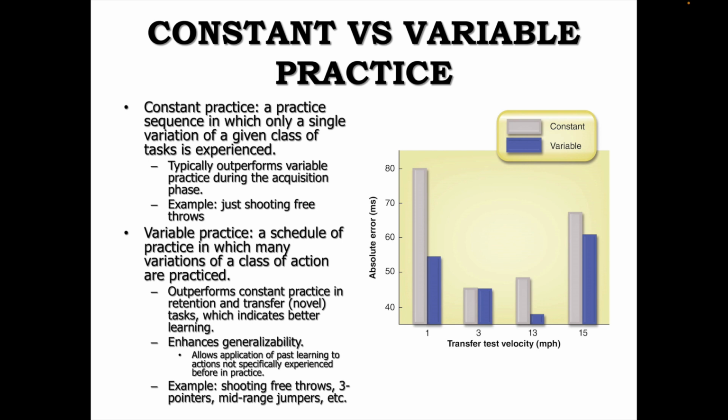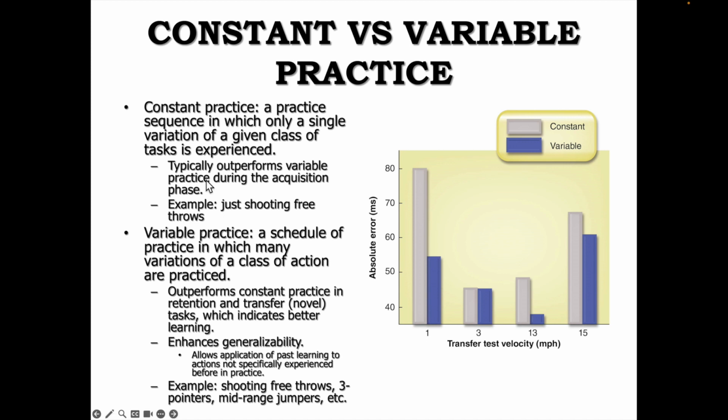Another thing we need to take a look at when structuring our practice sessions is constant versus variable practice. Constant practice, and I want to make a note of this and compare it to variable practice, is practice where only a single variation of a given class of tasks is experienced, basically one particular skill in one particular scenario.